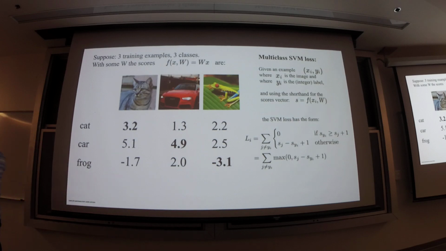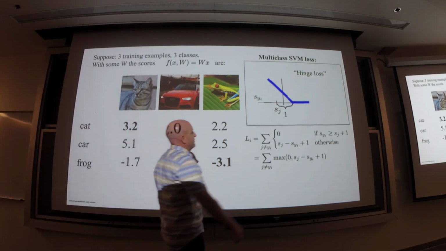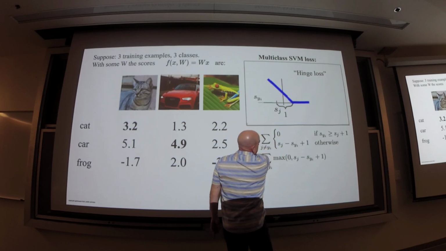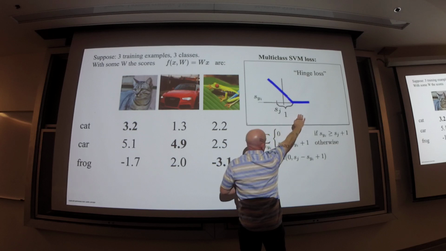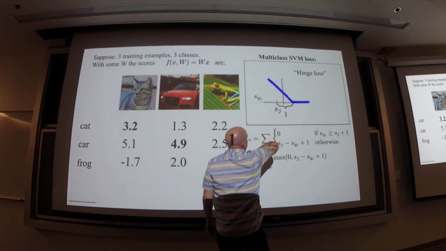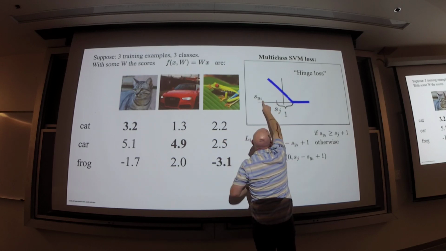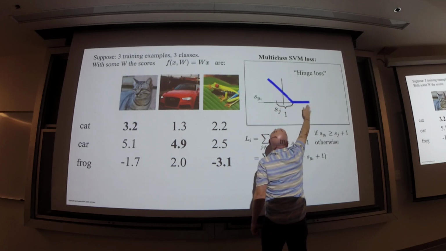And you can kind of visualize this. This is why it's known as the hinge loss. So this right here is your possible scores S_yi, and as long as S_yi is greater than S_j plus 1, there's no contribution.